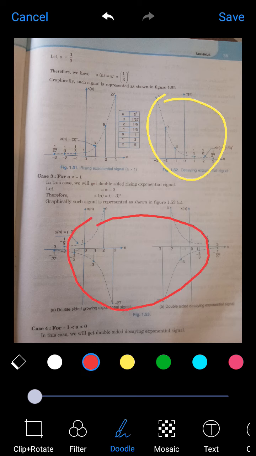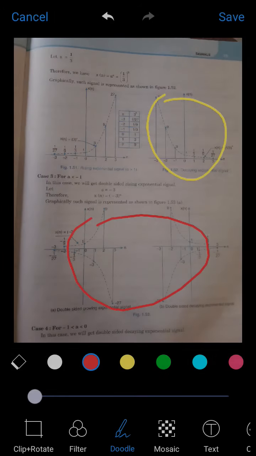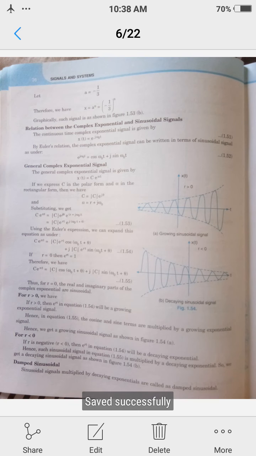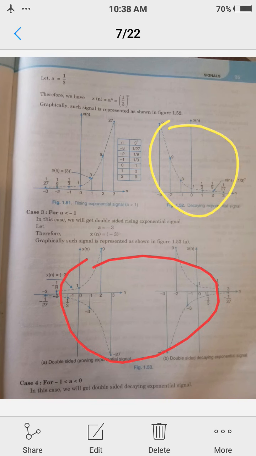These two signals we can have as the graphically represented signal, and for a lying between 0 and -1, in this condition, if you have taken a as 1/3, then you can see the signal like this for the decaying exponential signal.